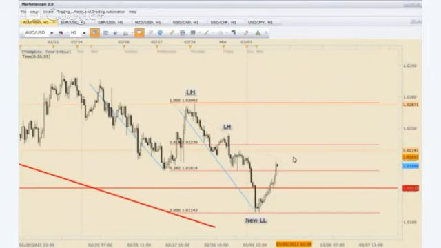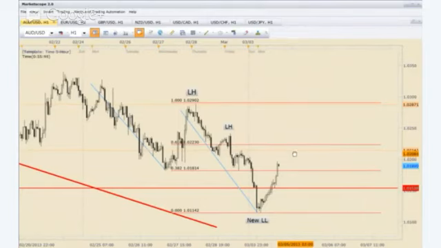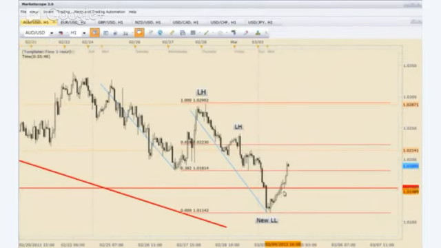And the way it would do that is by breaking a previous lower low. So you can see here a previous low of a candle.